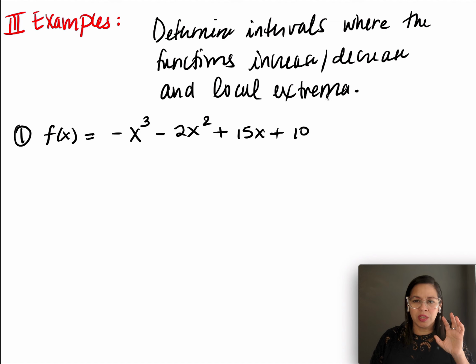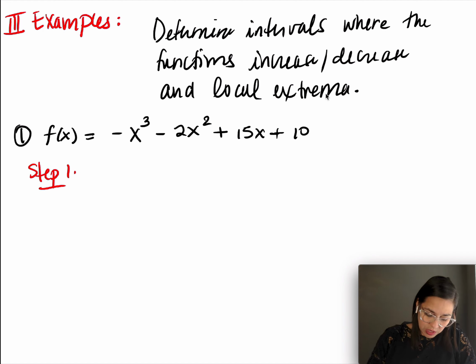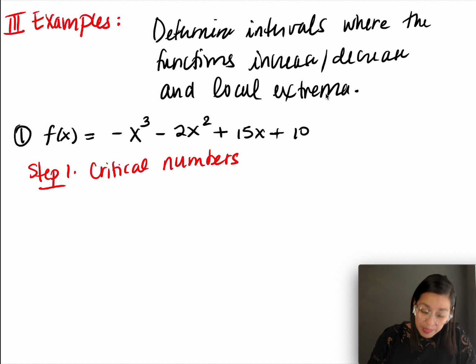In this case in particular, we're dealing with a polynomial. Polynomials are nice. So we saw in my last video, step 1, we're going to find critical numbers. In this case, we know that it's a continuous function, so the critical numbers come from setting the derivative equal to 0.